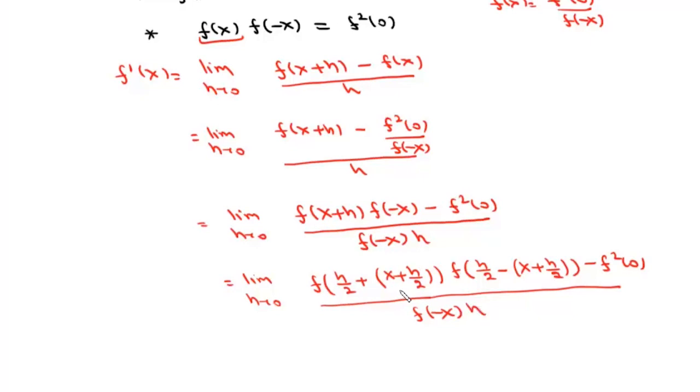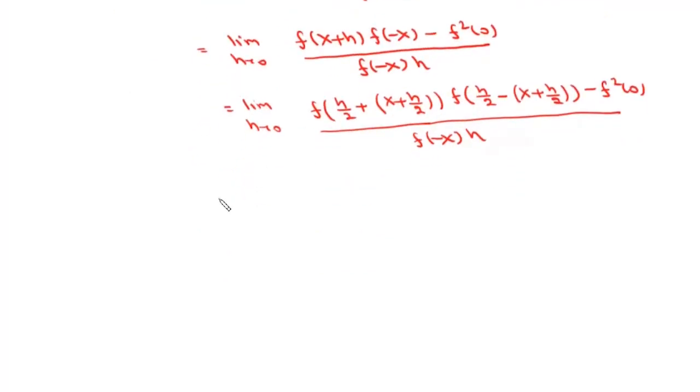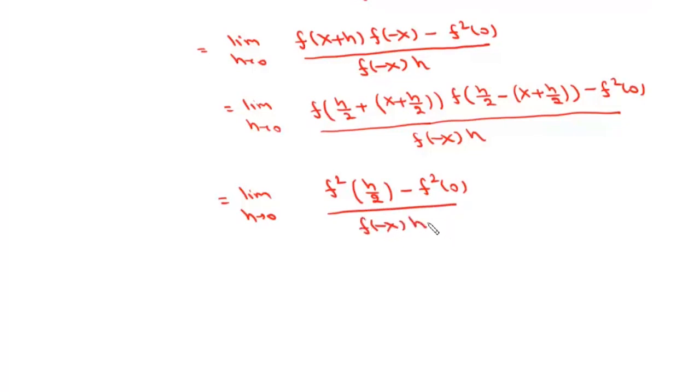Now this is f(x + y) into f(x - y), and we know that it is equal to f square x. So it will be this limit h tends to 0 of f square h by 2 minus f square 0 upon f(-x) into h.